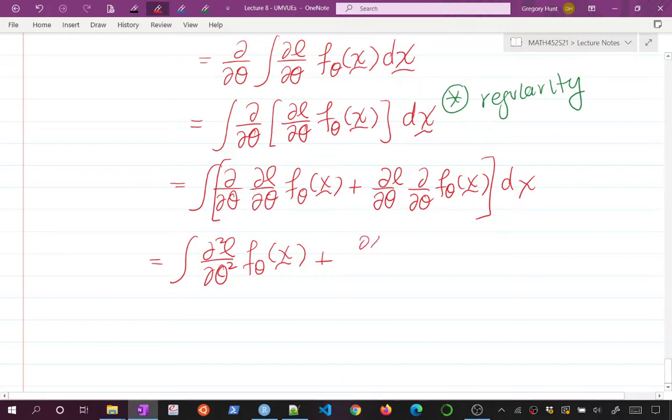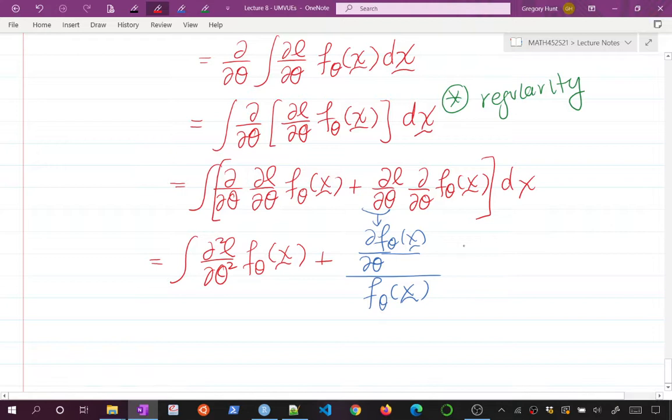We, of course, get dl d theta. That's not changed. Oh, no, I'm sorry. That is what we're replacing, right? So this is the derivative with respect to theta of that thing, over f theta of x, right? We claimed that was dl d theta.